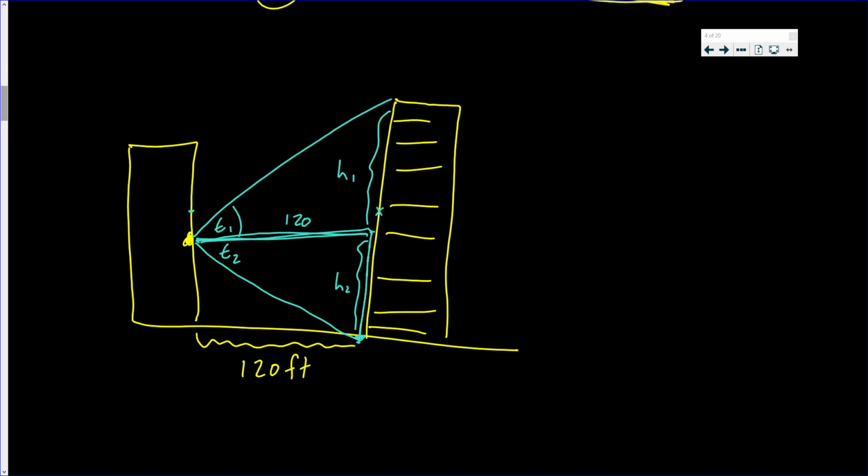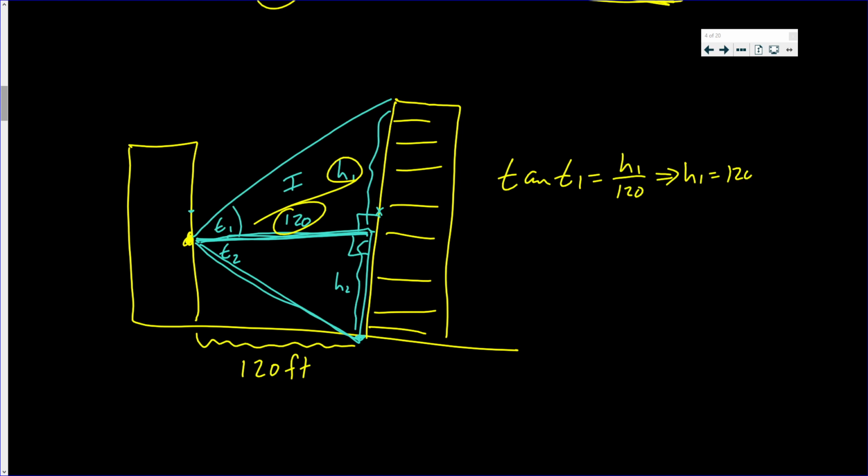Even in the lower triangle, you know this, here's a right angle, here's a right angle. In triangle 1, we can find H1. We know that the tangent of T1 is opposite over adjacent. It's H1 over 120. That means H1 is 120 tangent of angle T1.